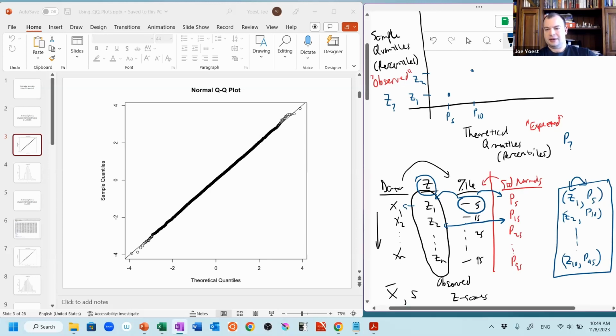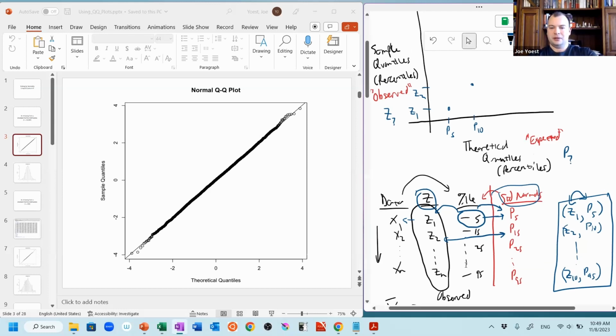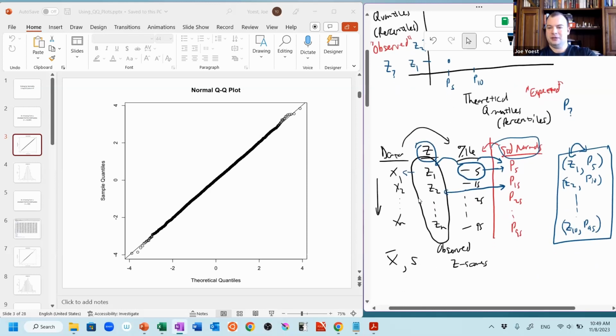And on the other hand, I have Z indices for a theoretically perfect standard normal that's at that same percentile. If my actual data set is a perfect representation of a normal distribution, then my Z1, Z2, et cetera, will be a perfect representation of a standard normal distribution because I've standardized them by getting a Z-score.